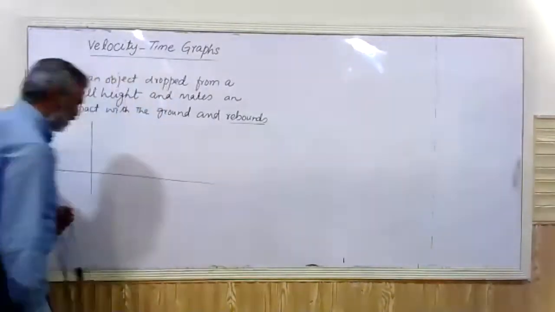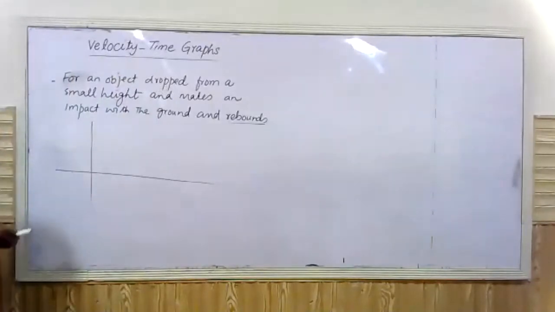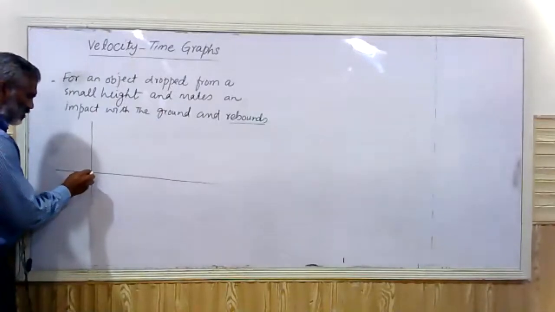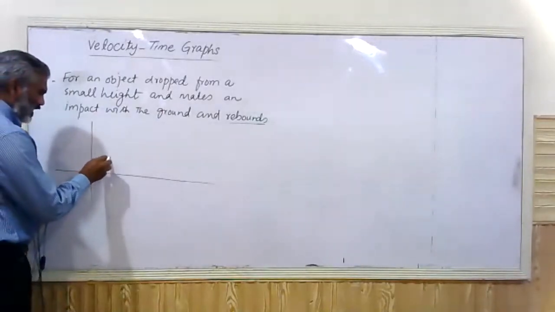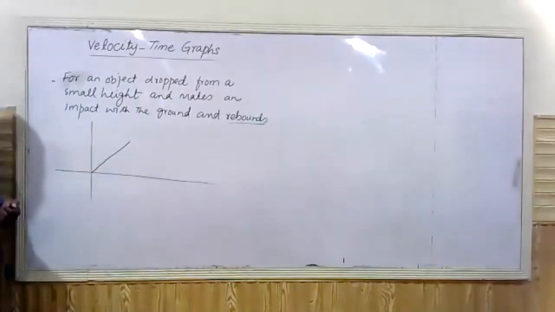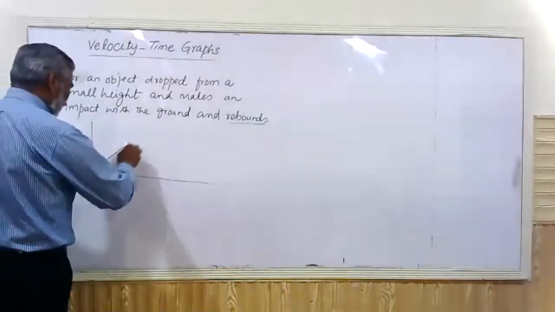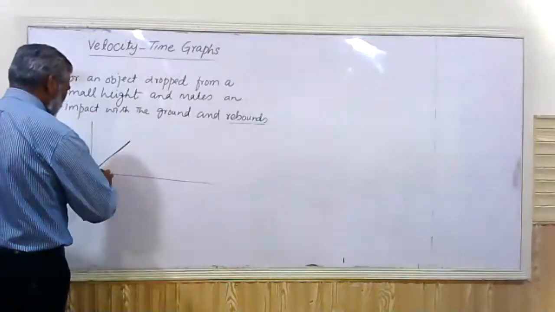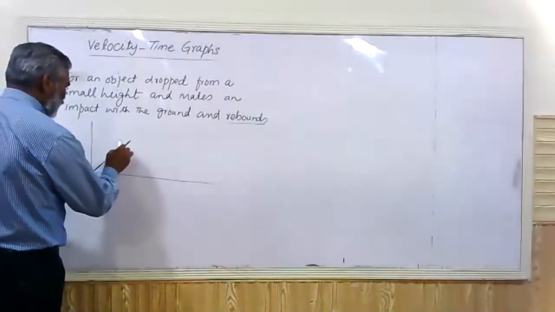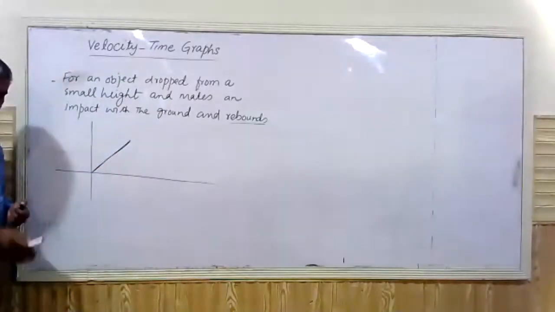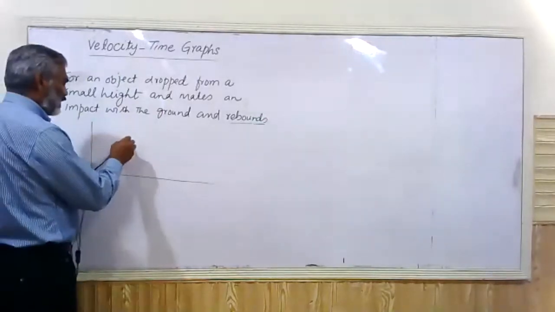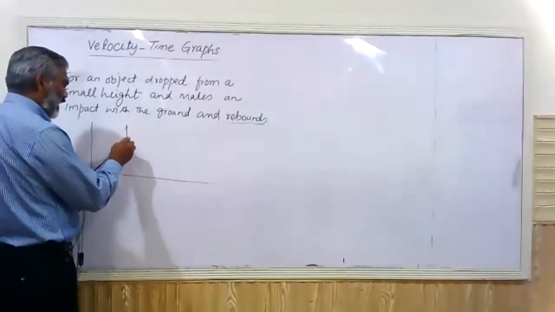Because it is dropped from a small height, initially it is expected to have the same shape as discussed earlier. So a straight line. It falls through a small height, and this is the velocity it has gained on reaching the ground, and then it makes the first impact.